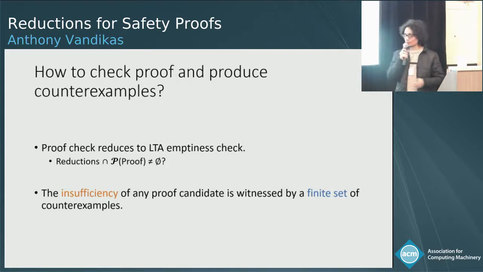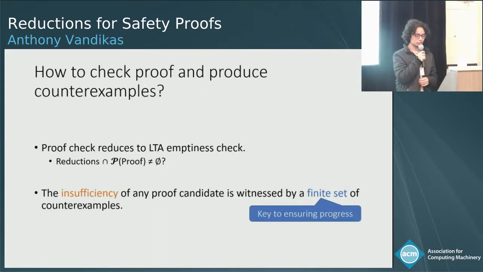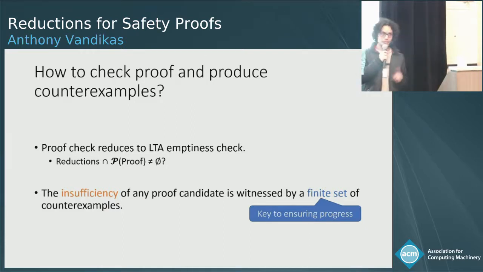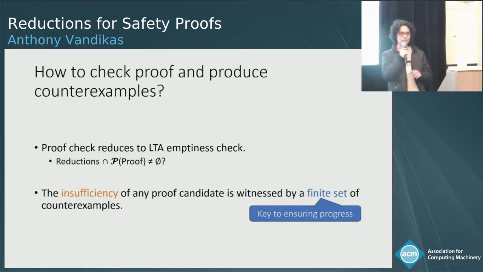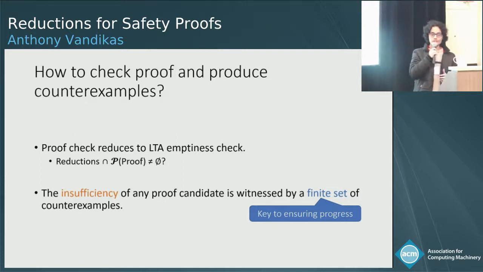By this theorem, which actually comes from a previous paper, that solves the issue of how we check our counterexamples, but it also has a nice corollary which allows us to give a certain convergence guarantee. Again, I won't go into the details. It's not as simple as saying we will always terminate, because that's generally not possible. But under certain conditions, we can ensure that we do terminate. And again, that's all in the paper.